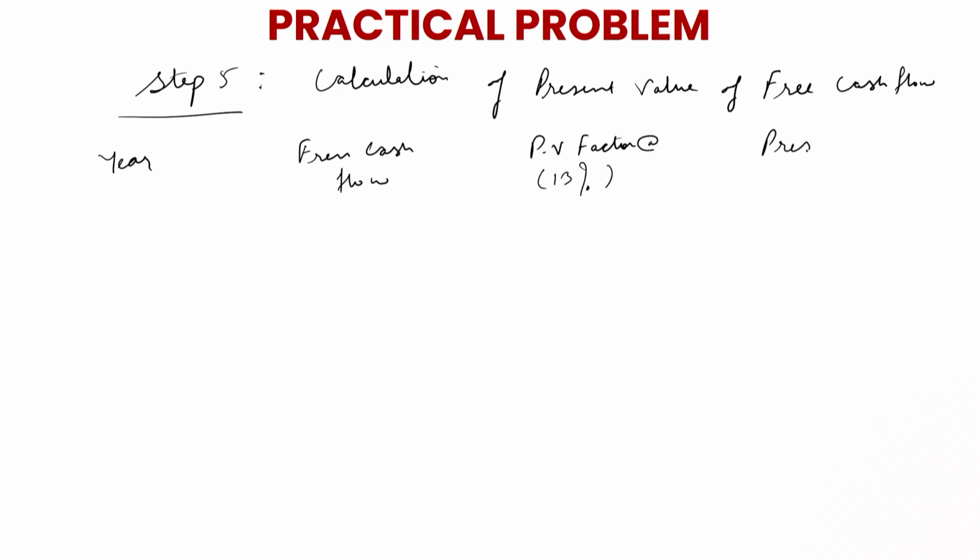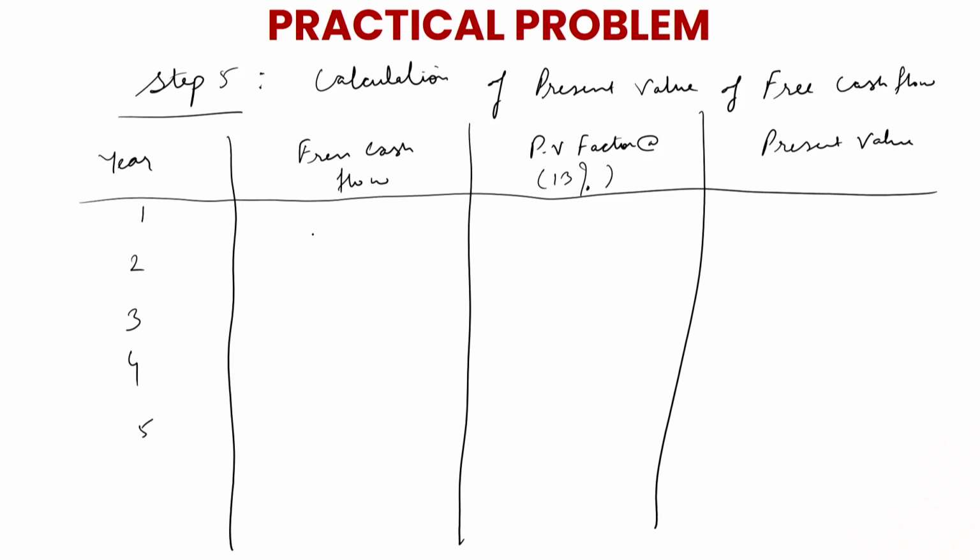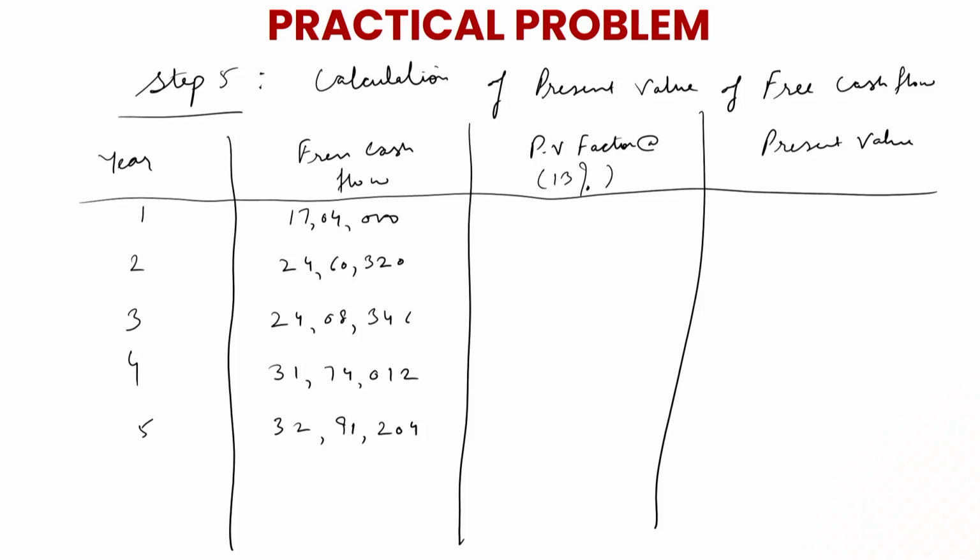Then we calculate the present value, taking up all the 5 years. As we just computed, for the first year it is 17,04,000. Second year 24,60,320. 24,08,346. 31,74,012. 32,91,204.